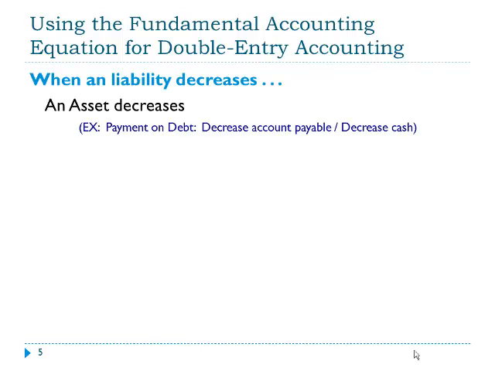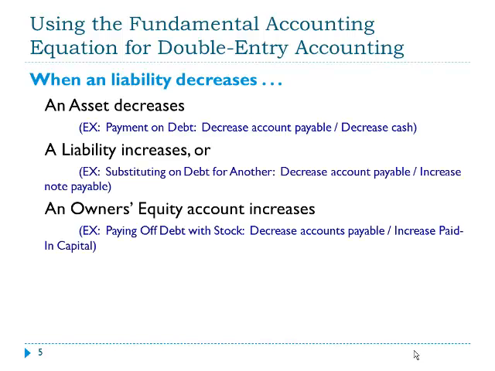When a liability decreases, one of three things must happen. We could have a decrease in an asset. That's what happens when debt is paid. We decrease the liability because we've used some of our assets in providing that cash to the lender, and so now we owe less and we have fewer assets.